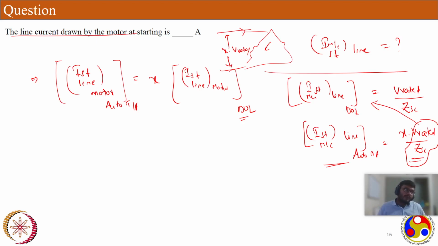Now see, we know that x is equal to 0.8. We just found that out in the first question. Now we know x. So this was asked in the question. So we need to find what is the starting line current drawn by the motor if there is no starting method.